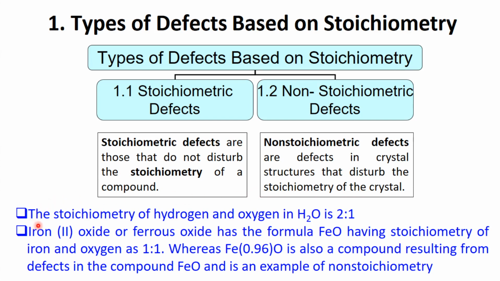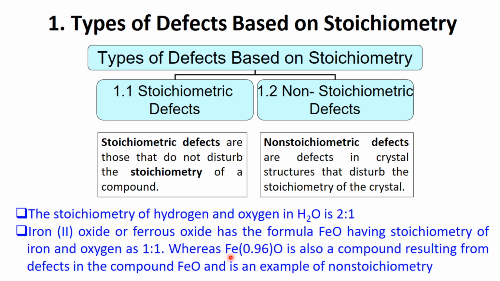For example, the stoichiometry of hydrogen and oxygen in water H2O is 2:1. Similarly, iron oxide, also known as ferrous oxide, has the formula FeO, having stoichiometry of the iron and oxygen as 1:1.